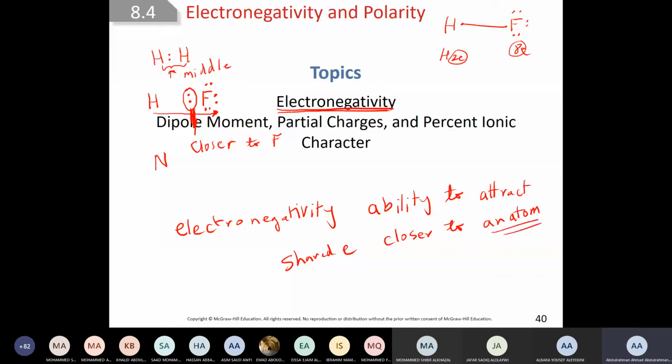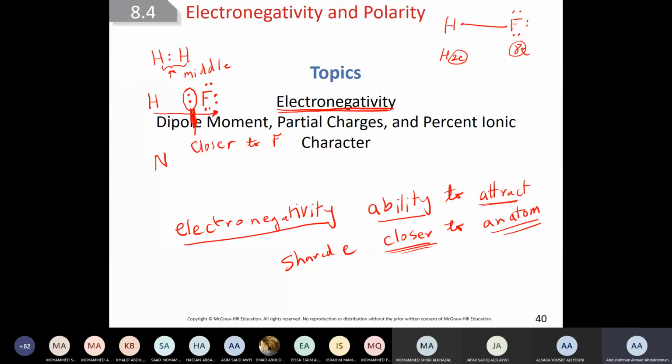So in this case, the element that attracts electrons closer to it than the other, we call it more electronegative.